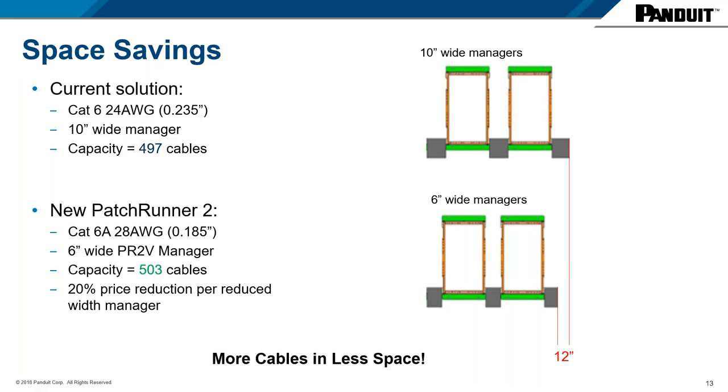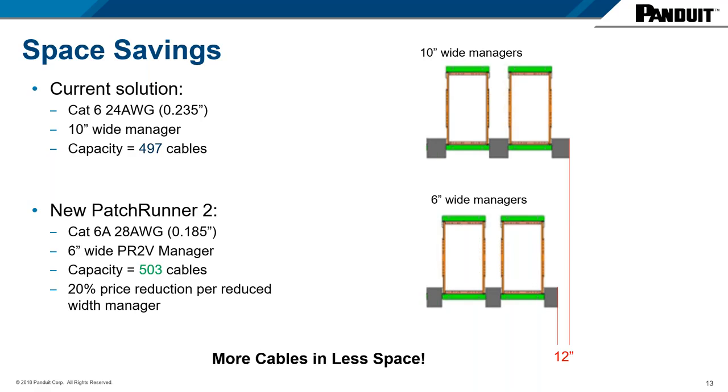If you were to upgrade your cable performance from Cat 6 to Cat 6A, at the same time you would potentially look at upgrading to our small diameter 28 gauge cable, which would reduce the diameter of the cable. In that case, you would be able to reduce the width of the manager from 10 inches down to 6 inches, and with that solution, you would be able to actually manage more cable.